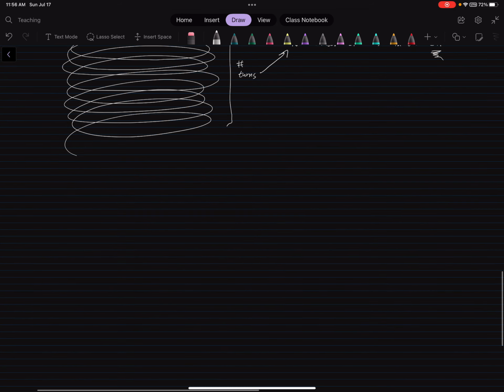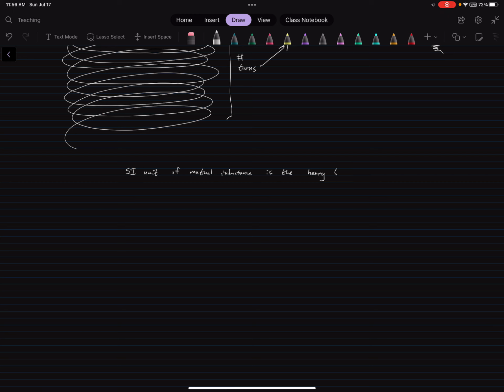The SI unit of mutual inductance is the Henry, or capital H, in honor of the American physicist Joseph Henry, who helped discover this effect.